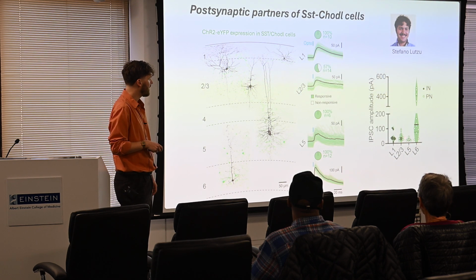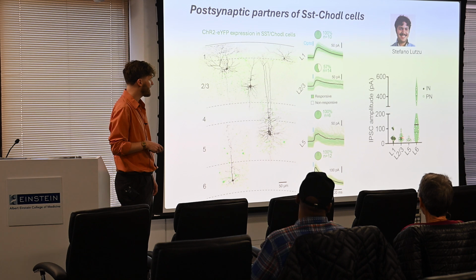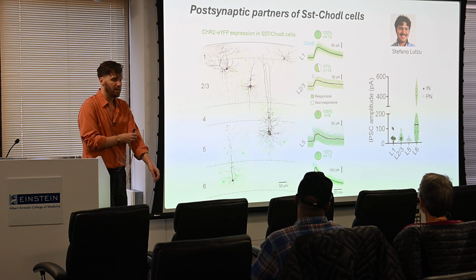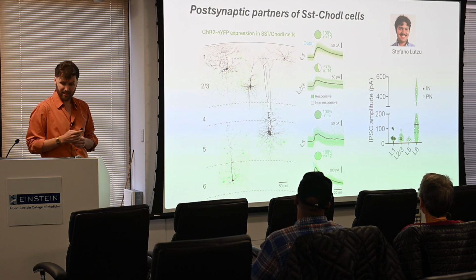These inputs are fairly consistent in size across most layers, and across inhibitory neurons as well as pyramidal cells, but layer 6 appears to receive fairly strong input from these cells. Altogether, this is painting a picture of these cells that have really broad projections targeting many downstream neurons, and therefore able to have a really strong impact on many cells within these cortical networks.